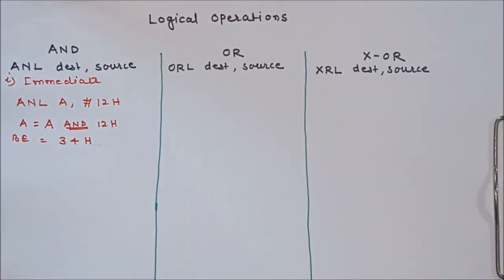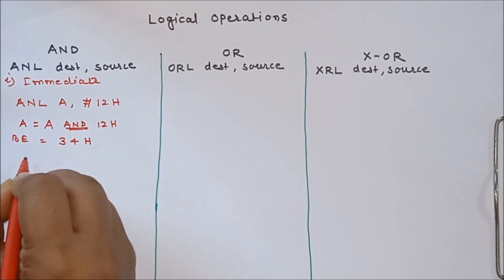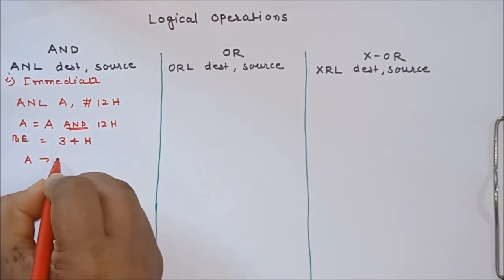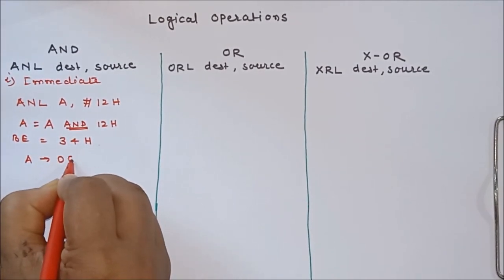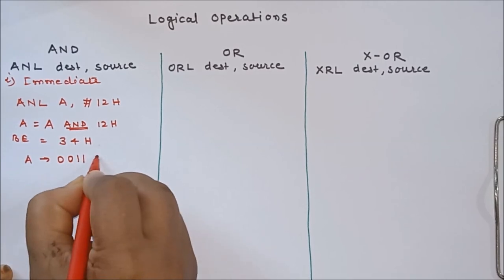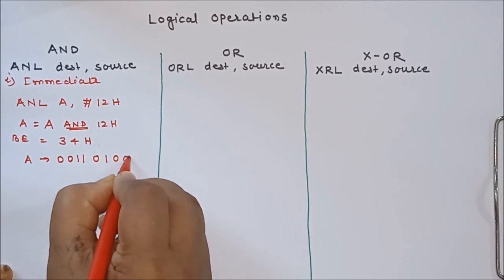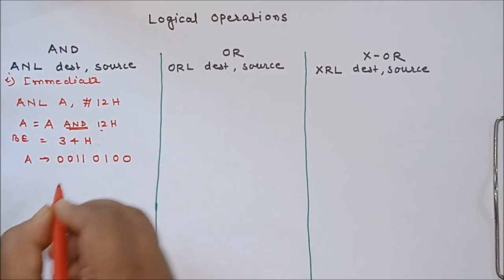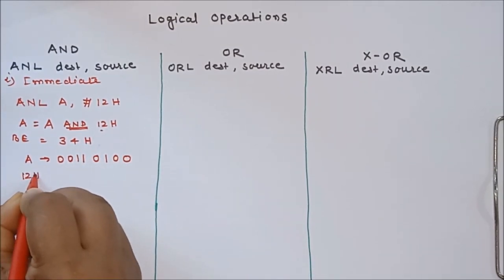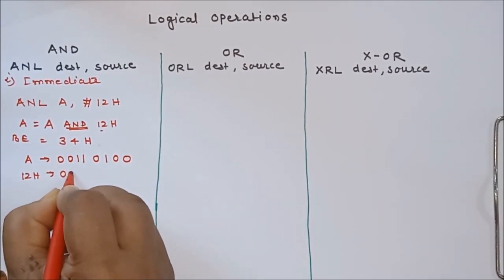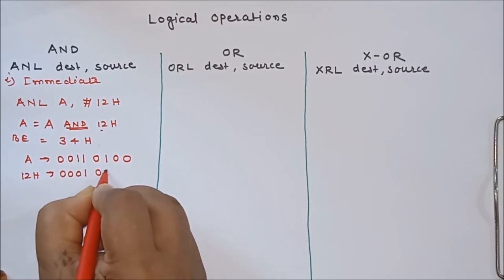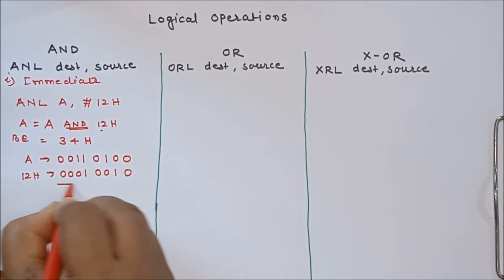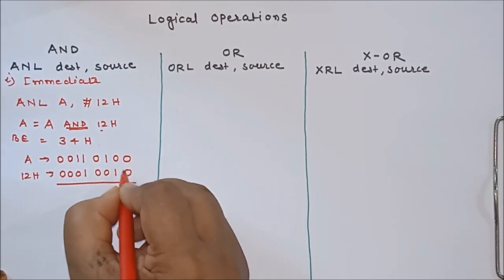Then bit by bit AND operation will be performed. The accumulator in binary is 0 0 1 1 0 1 0 0, and the immediate number 12H can be written as 0 0 0 1 0 0 1 0. Bit by bit AND operation is performed.